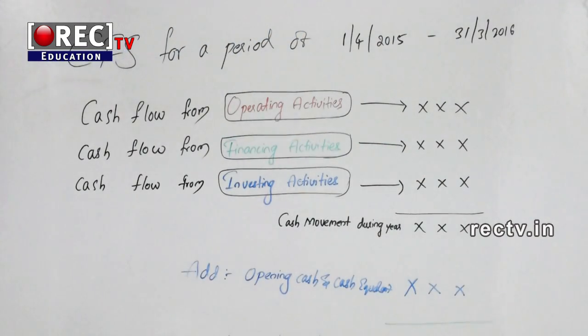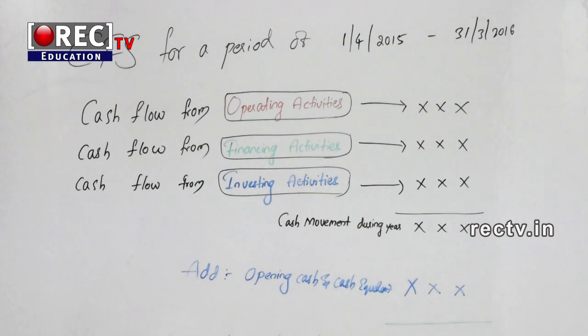Okay friends, now we are going to see the format of CFS, for the period 1st April 2015 to 31st March 2016. First we take cash flow from operating activities, and arrive at some amount. After that we add or subtract cash flow from financing activities, and later cash flow from investing activities.